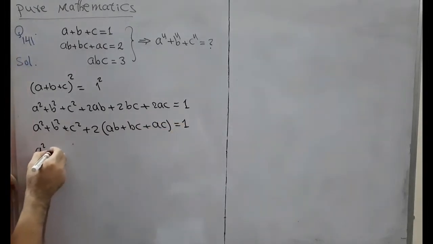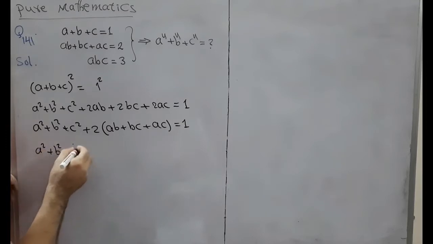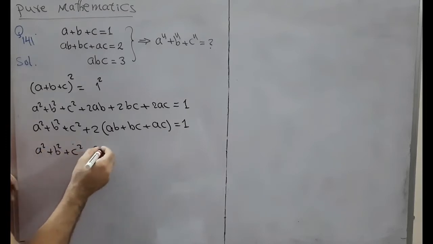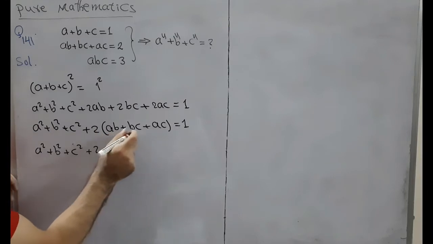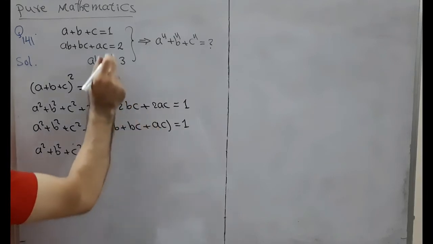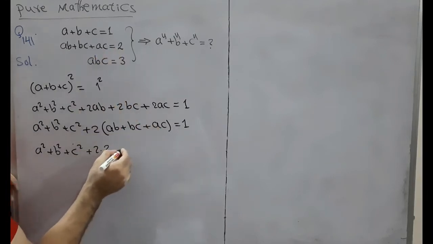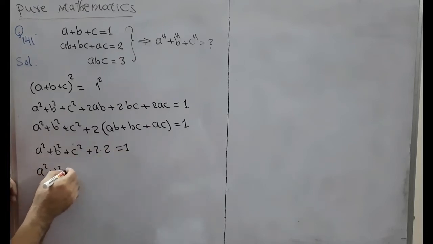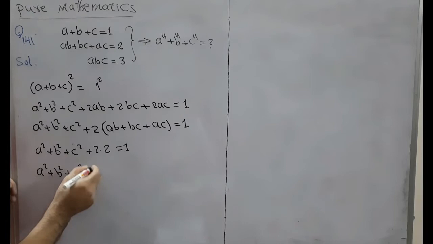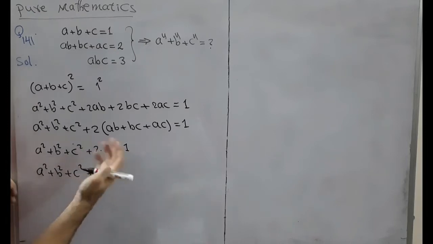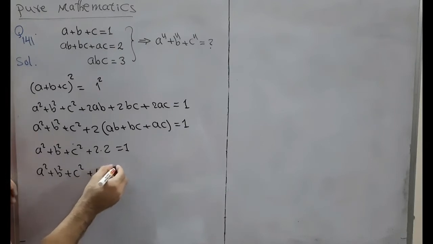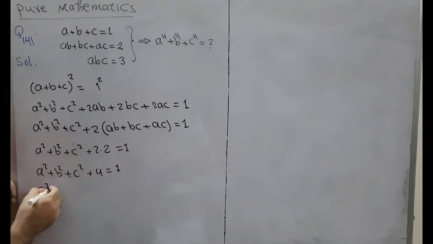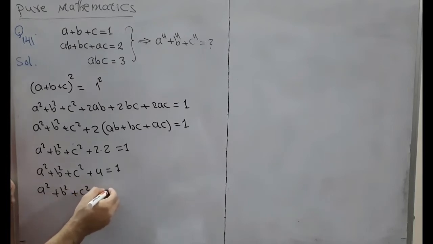So a square plus b square plus c square plus 2 into, instead of ab plus bc plus ac, we can write 2, is equal to 1. a square plus b square plus c square plus 2 multiplied by 2, which is 4, is equal to 1. So a square plus b square plus c square is equal to minus 3.